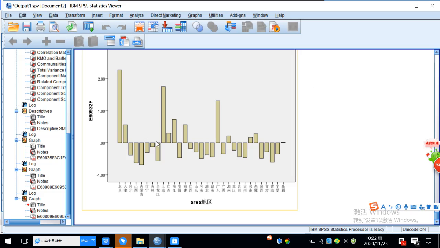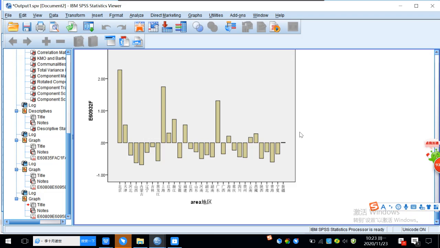If it's less than 0, then it means it's lower than the average level.